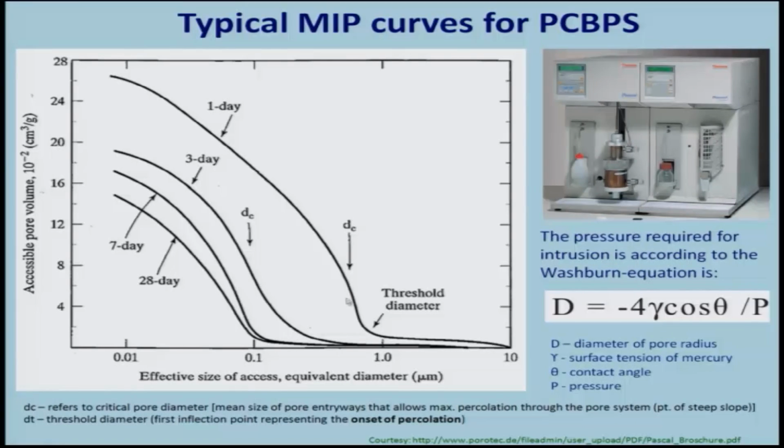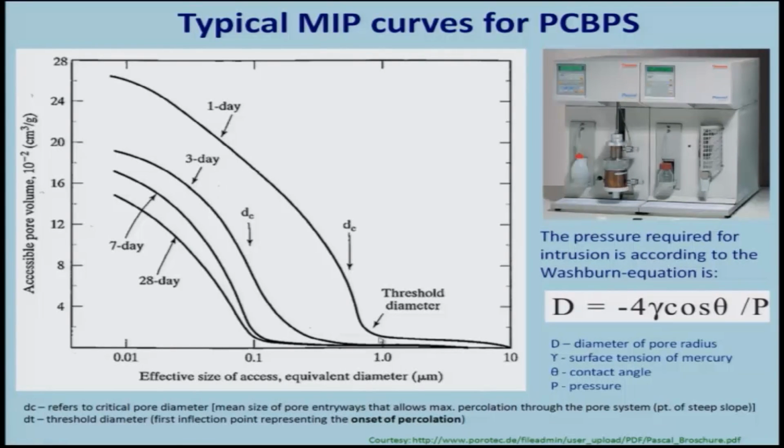So, once it enters, it slowly penetrates into the sample, and what you also see is that this keeps on increasing. Why? Because more and more mercury is getting inside. So, the accessible pore volume is actually the amount of mercury that is getting into the sample.